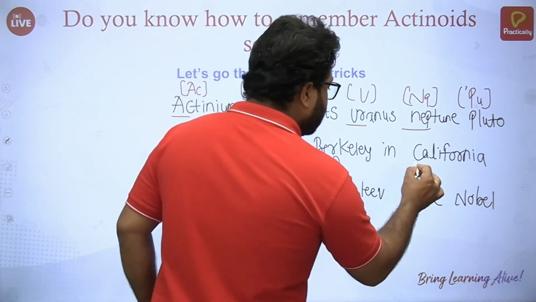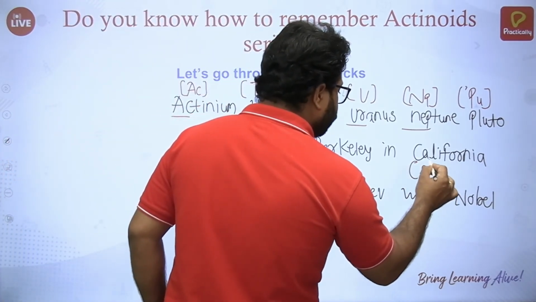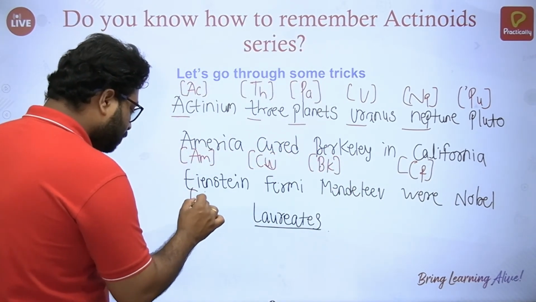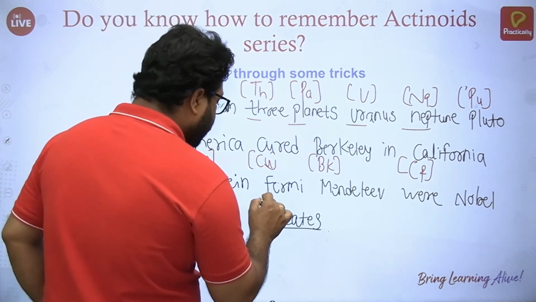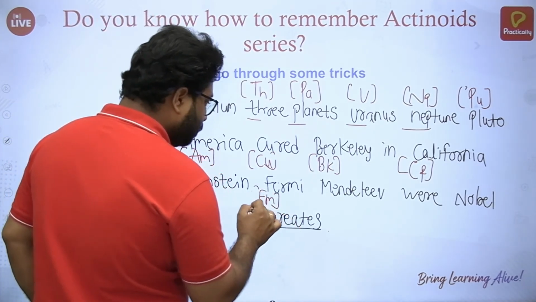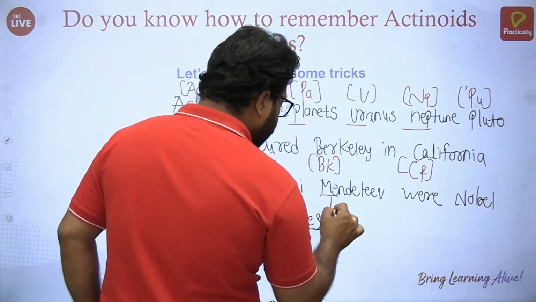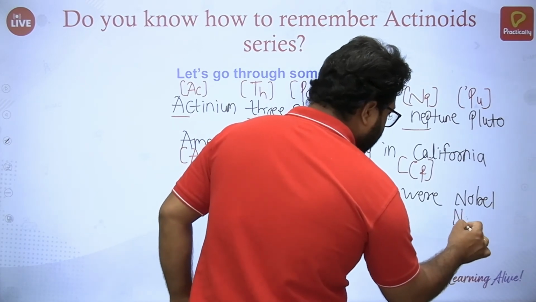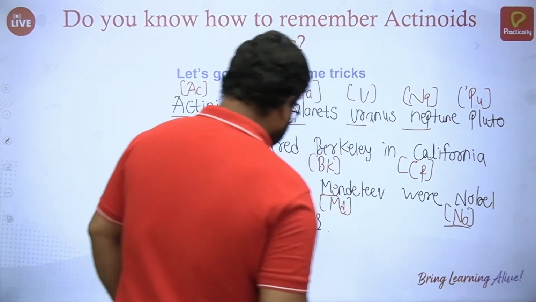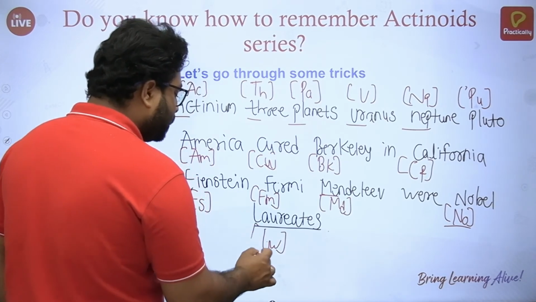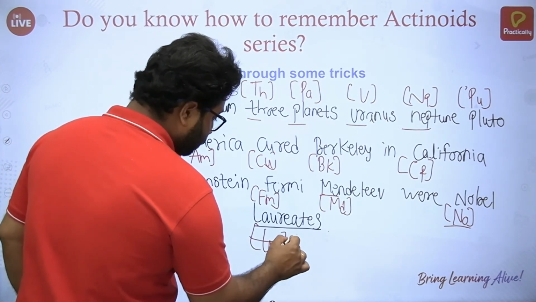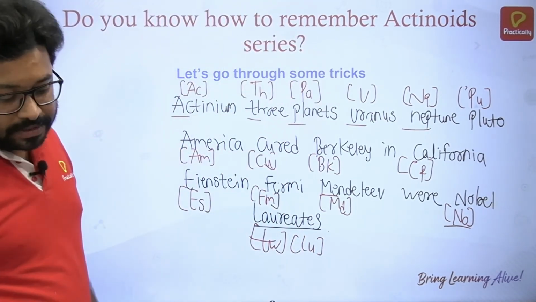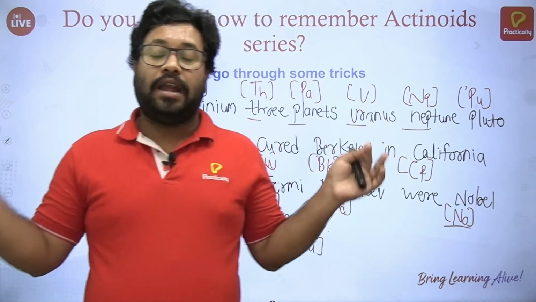Then you have californium, einsteinium, yes, Fm, fermium, Md, mendelevium, were Nobel laureates, No, nobelium. The last one obviously is lawrencium, but that is not, sorry, yeah, lutetium. Last one is lutetium. So that is how all of these are the lanthanide and actinide series.